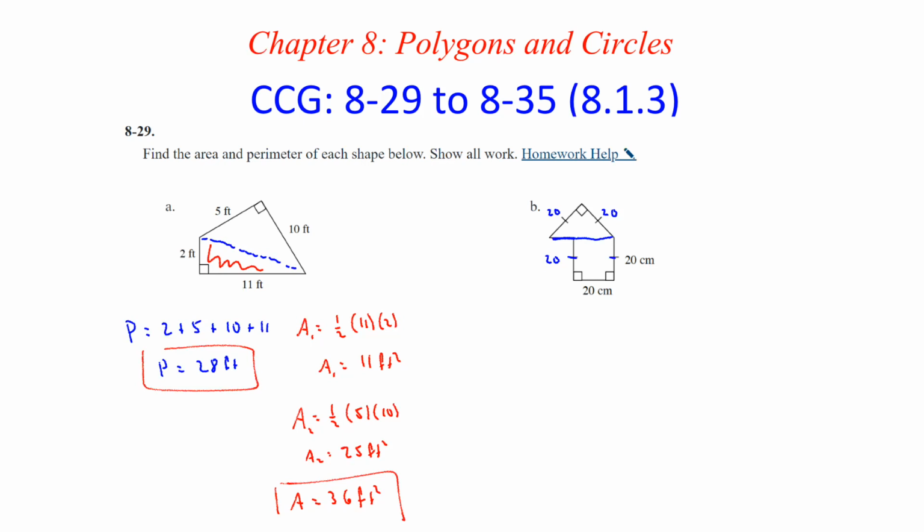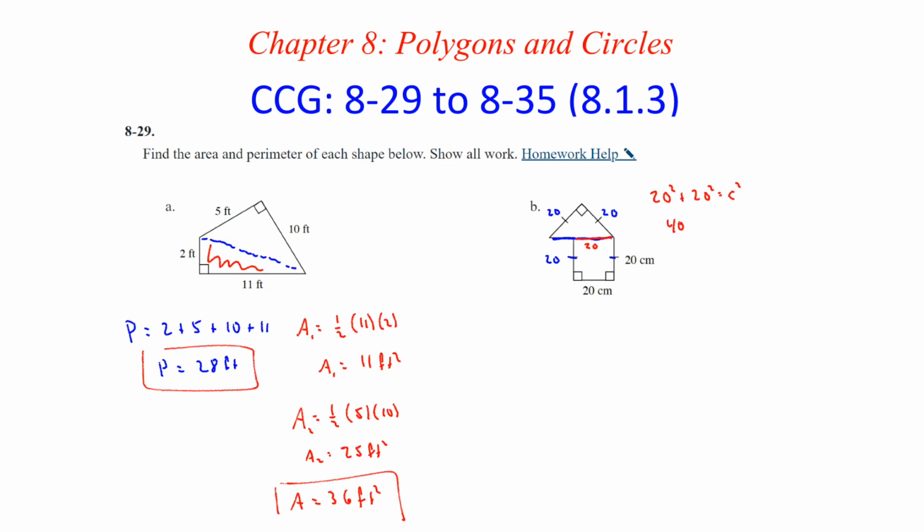We do know this length right here of the square represents 20. It is a right triangle, so we could use the Pythagorean theorem. It also is isosceles, which means these are 45, so we technically could use the special right triangle as well. I'll go ahead and just use the Pythagorean theorem. That would be 20 squared plus 20 squared is equal to that whole length squared.